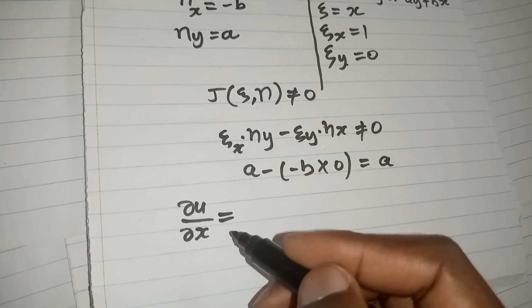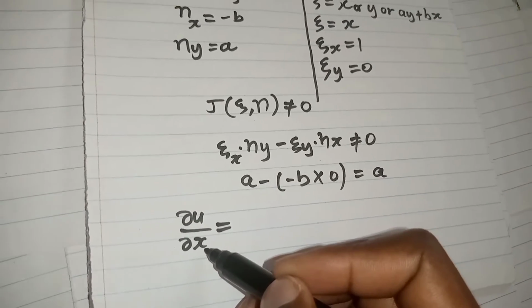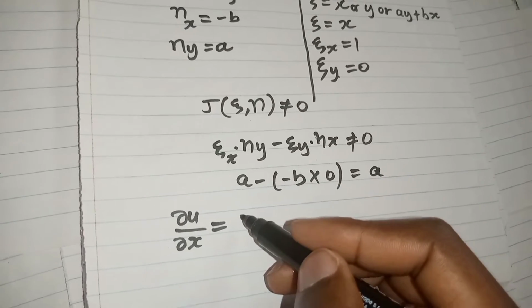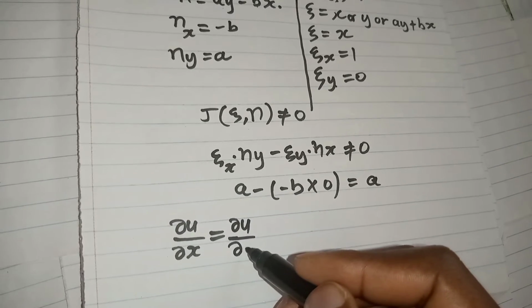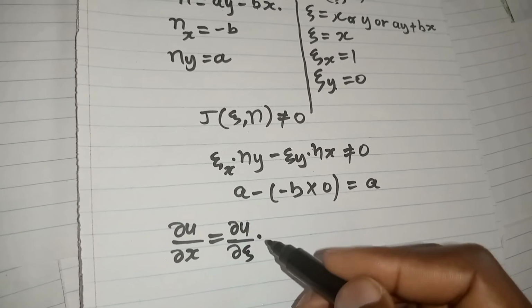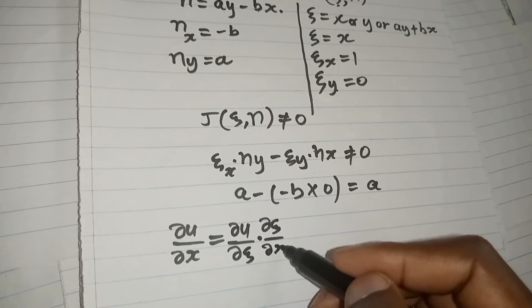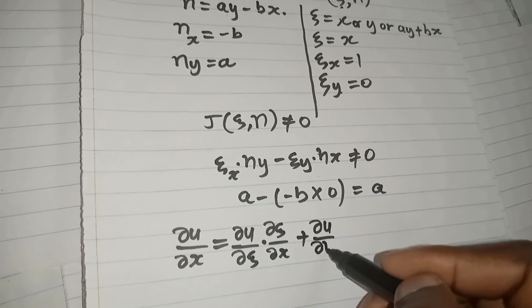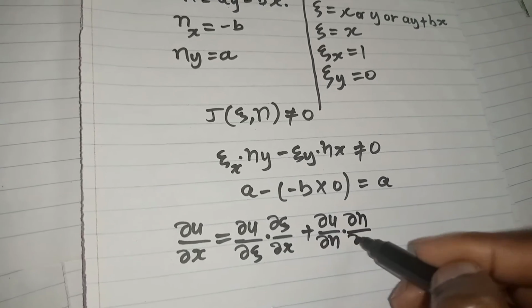For us to obtain it, we are going to differentiate u with respect to x, but in terms of both xi and nu. So I will have the partial of u with respect to xi, multiplied by the partial of xi with respect to x. Then I will also add the partial of u with respect to nu multiplied by the partial of nu with respect to x.